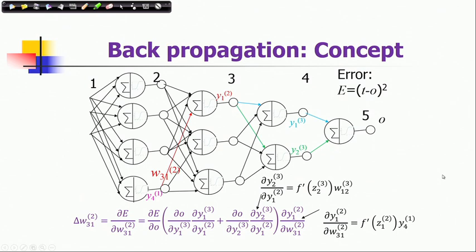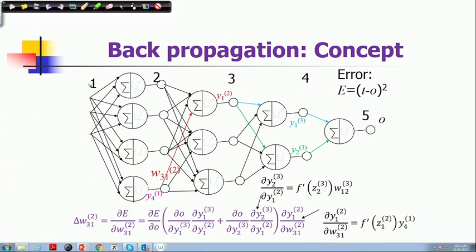So, we will continue this computation once again. It shows at the top, these are the layers 1, 2, 3, 4, 5, and the computation is carried out in this form.